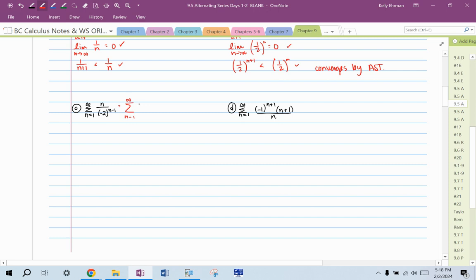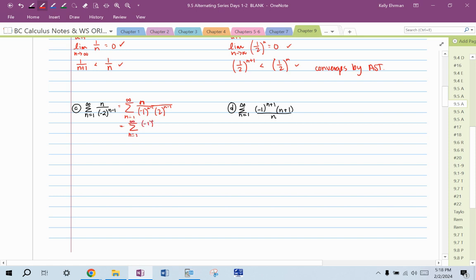We have n and we have, instead of -2, -1 to the n minus 1 and 2 to the n minus 1. So I've pulled the alternating piece out here. And whether you divide by positive or -1, or multiply by positive or -1, doesn't matter.